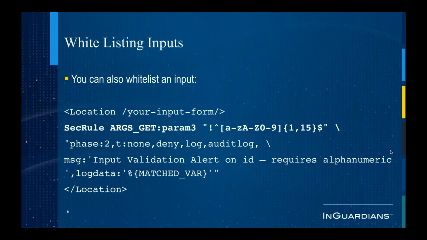The rule will be, if parameter 3 on the GET request doesn't match this regular expression, which basically says alphanumeric 1 to 15 characters, nothing else, no symbols, no less than, greater than, etc., then we deny it, we block it.